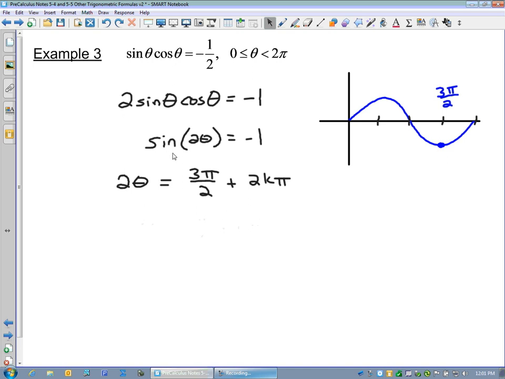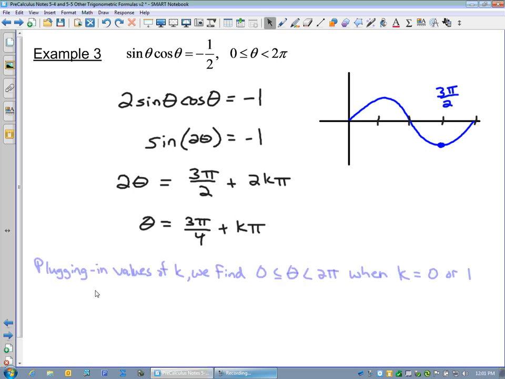Since we have sine, we're using 2k pi. And now just divide through by 2 to solve for theta, and you'll get theta equals 3 pi over 4 plus k pi. So what we want to do here is start plugging in integer values of k to find thetas that will be between 0 and 2 pi.